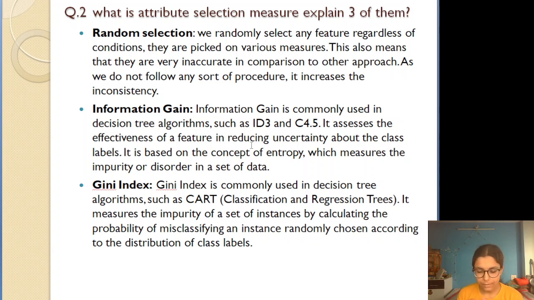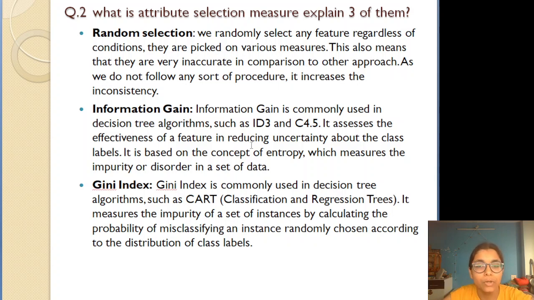We have some impurities that we need to clear out from our data set, and to do that, we use information gain. Next, we have Gini index. Gini index is commonly used in decision tree algorithms such as CART, which is classification and regression tree.